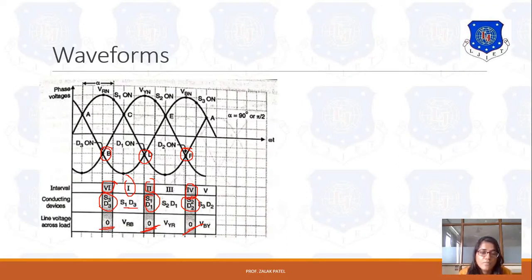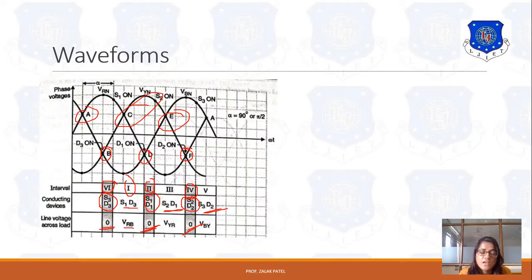S1 with D3, S2 with D1 and S3 with D2 start operating, and due to this phase difference, these points are point A, point C and point E at intervals 1, 3 and 5. At this interval a voltage will appear between S1 and D3, so here the voltage will be VRB.